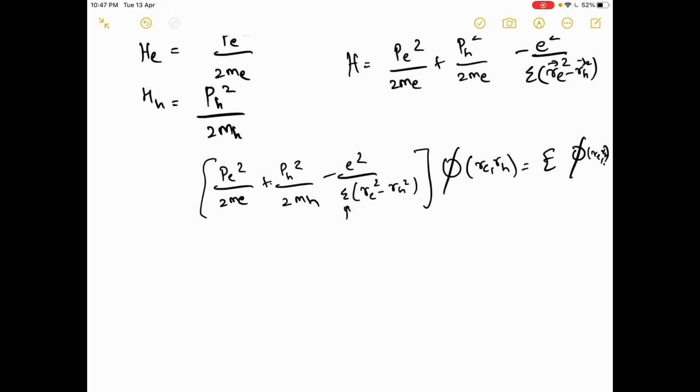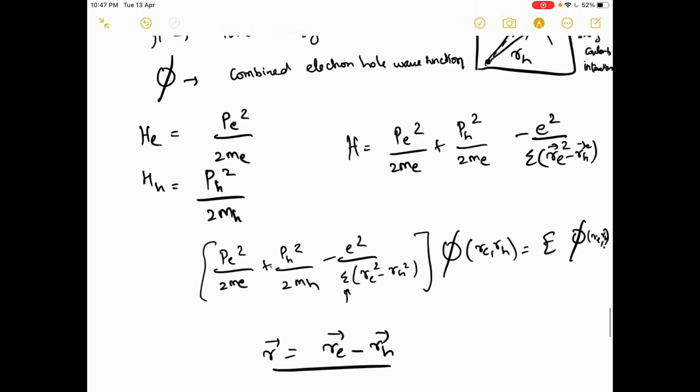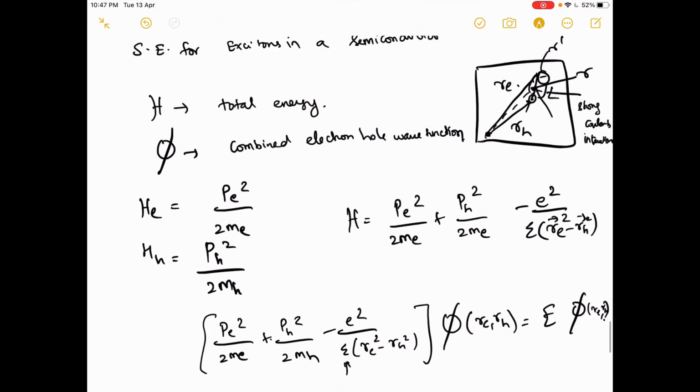So now I write the r vector as re vector minus rh vector, this is the r prime that we're talking about, and the center of mass rho is now written as me re plus mh rh by me plus mh. This is the way the center of mass is typically defined.